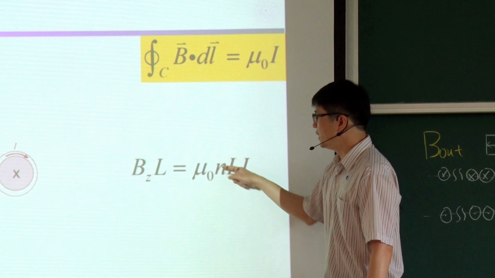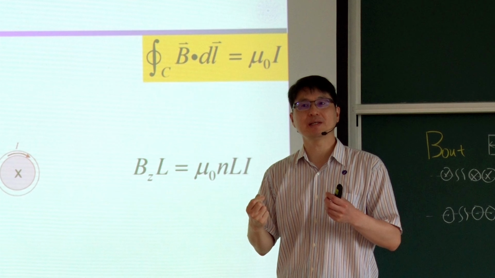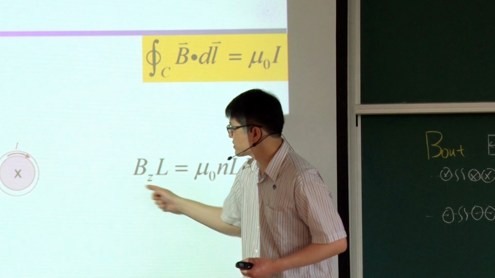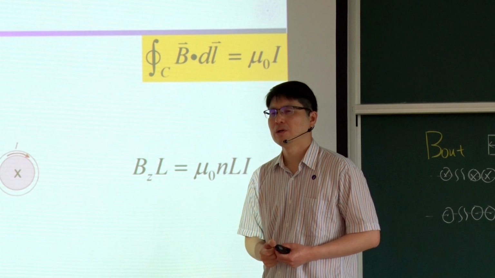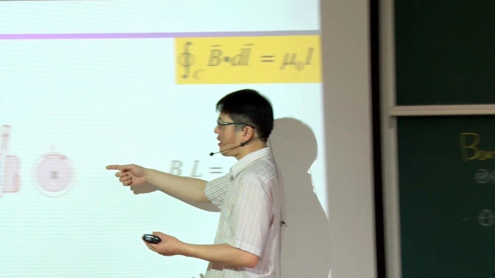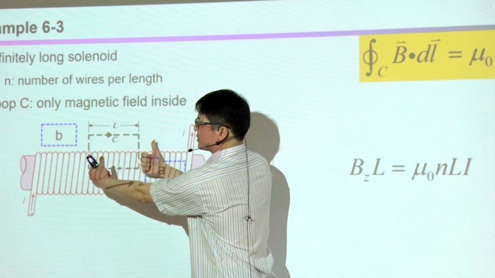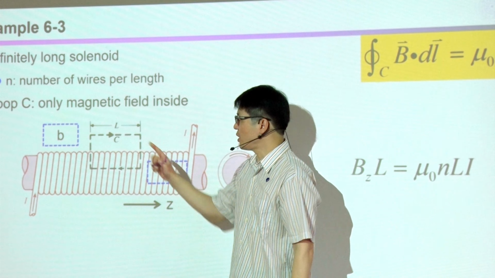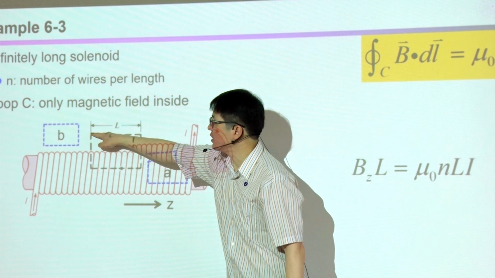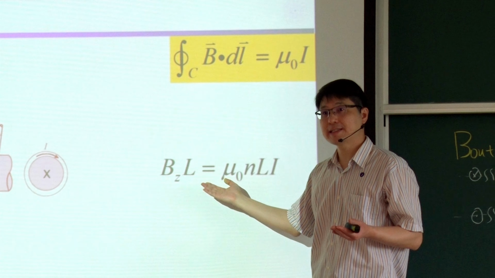N times L times I tells you how much total current is encompassed by your closed loop. But the real trick comes from the left-hand side. Why? Because whenever we have a closed loop, if we don't care about these two y-oriented segments, aren't we supposed to also evaluate the path integration of the top segment? But here, it's not visible.